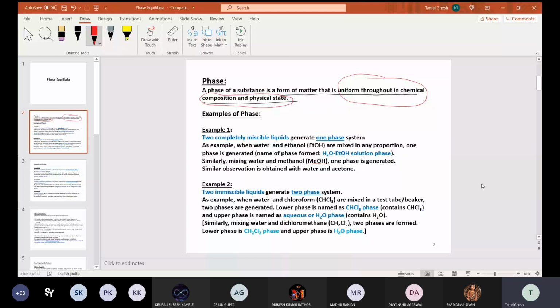Sir, are you sharing anything? I cannot see if you're sharing. Yes, sir. What is that? I cannot hear, the voice is breaking. Sir, your screen is not visible. You are not sharing anything.